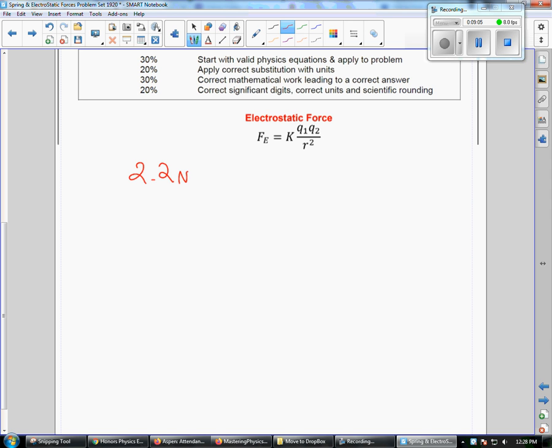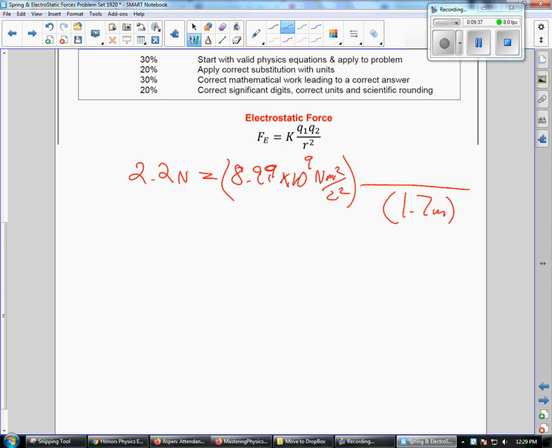2.2 newtons equals my K, which they give me as 8.99 times 10 to the 9th newton meter squared per coulomb squared, times 1.7 meters squared on the bottom.